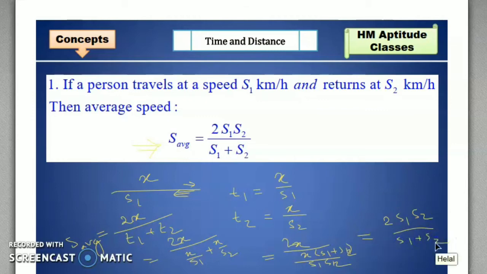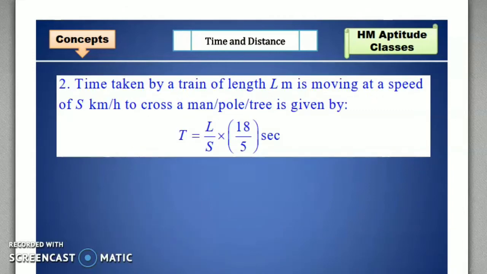So this formula you can remember for your examination purpose, and it is very important for different exams. This concept is about the time taken by a train of length L meter, which is moving at a speed of s kilometer per hour.